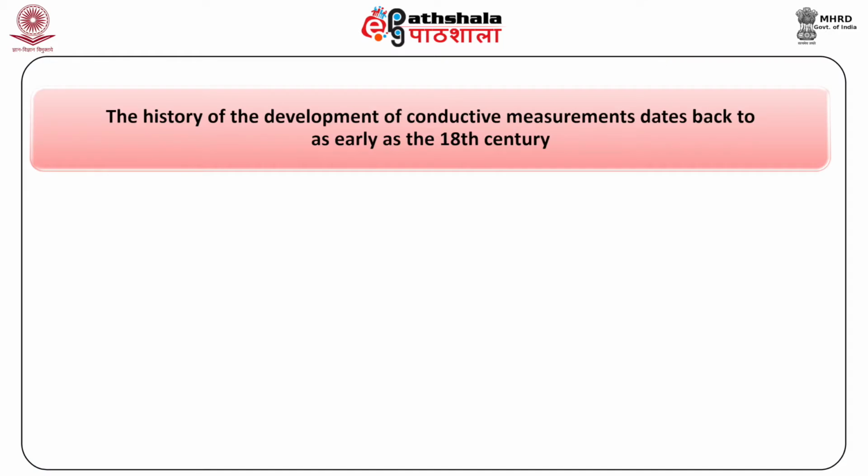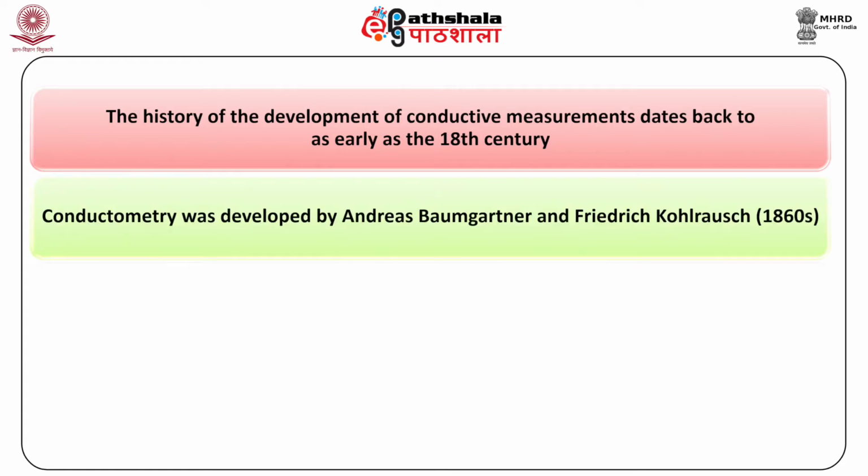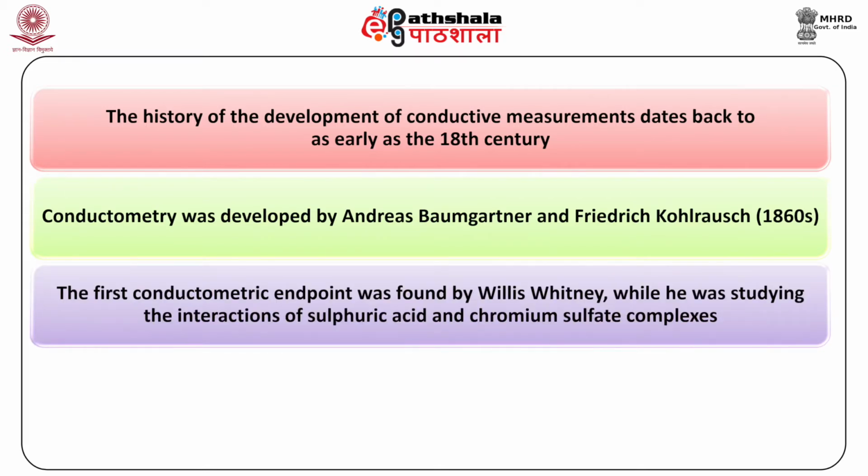The history of the development of conductive measurement dates back to as early as the 18th century. Conductometry was developed by Friedrich Kohlrausch in the 1860s. The first conductometric endpoint was found by Willis Whitney while he was studying the interactions of sulfuric acid and chromium sulfate complexes.